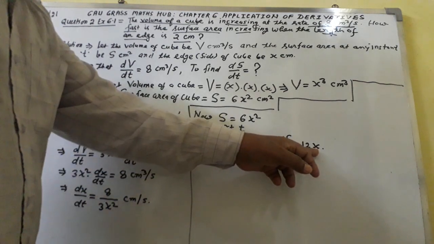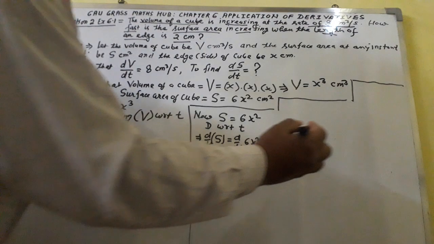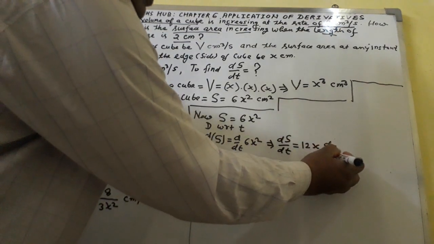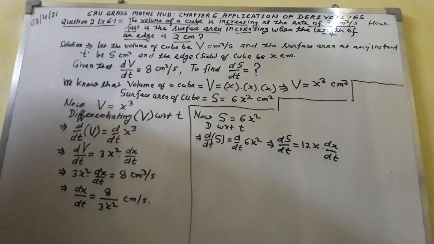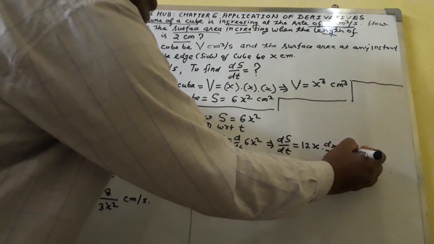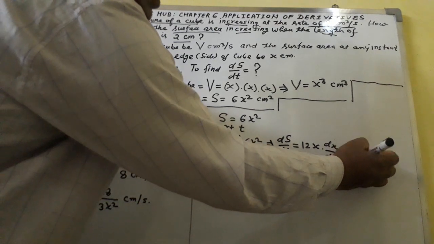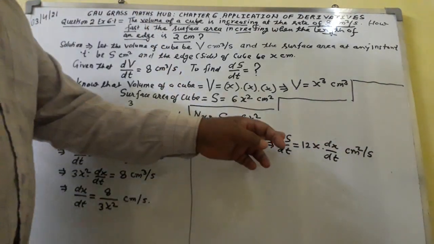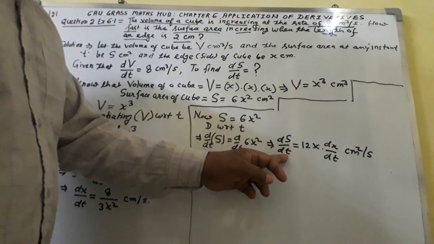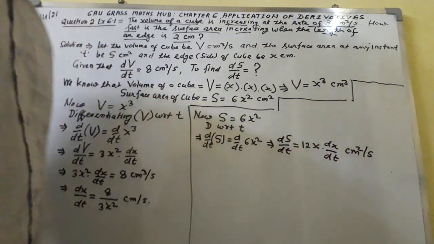In place of t, I shall write here x, and dx over dt will be multiplied. Here never forget to write the unit.